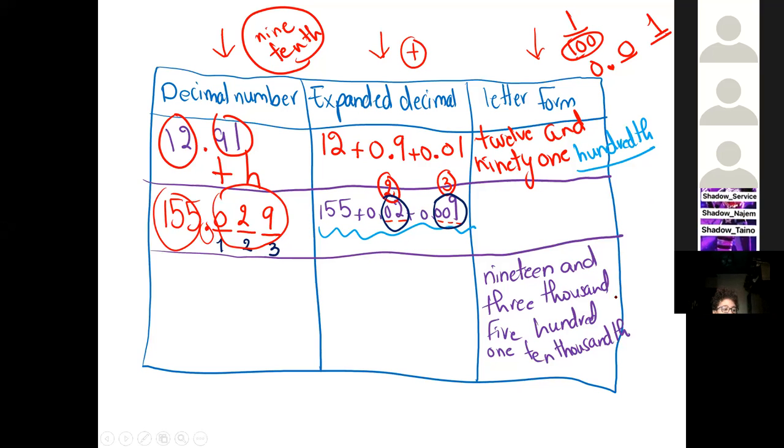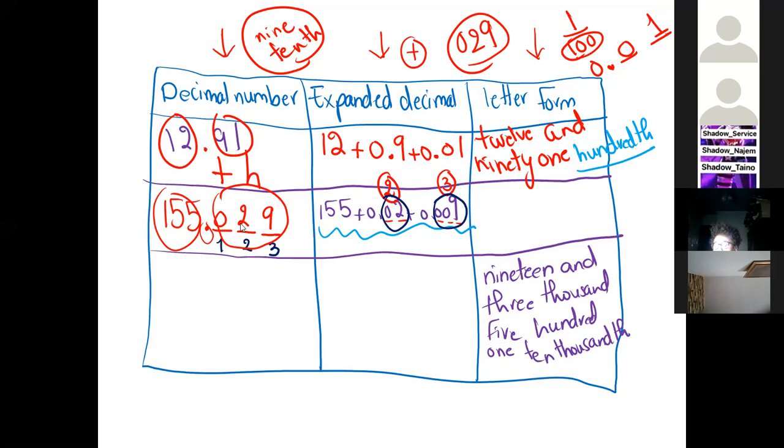How do we read 029 as a whole number? 29. Yes, 29. So 155 and 29.